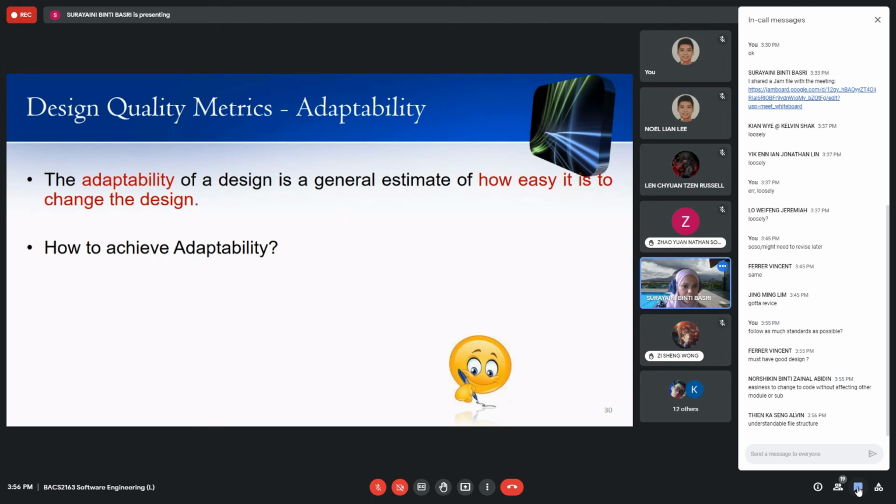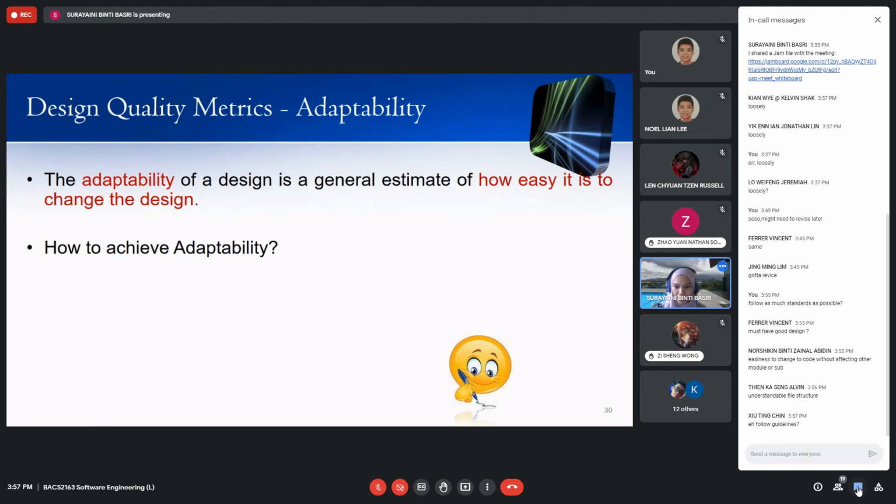It is not like the previous metrics where we have some standard, but for adaptability we don't have any standard to say that this one has good adaptability and that one does not. Follow guidelines. Okay, follow guidelines.